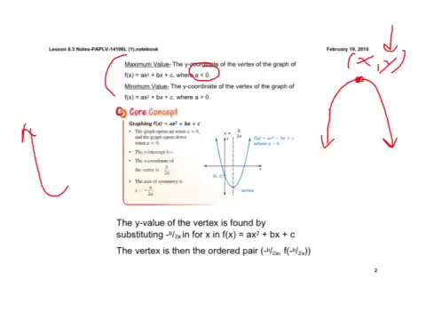For a minimum value, the graph must open up. And for the graph to open up, remember, our a must be greater than 0. And if a is greater than 0 and it opens up, and this is the minimum point, then the y value of that ordered pair would be considered the minimum value for that graph.